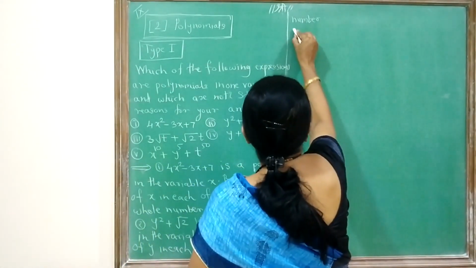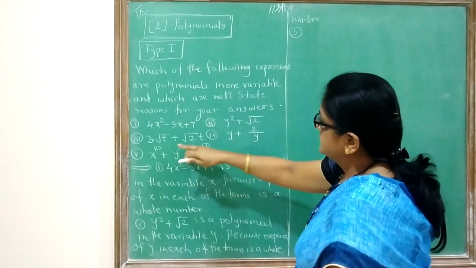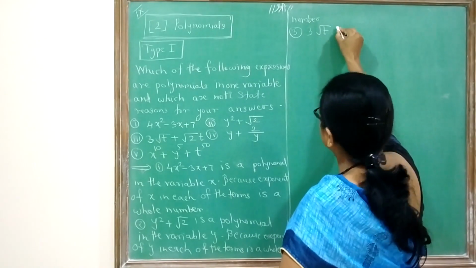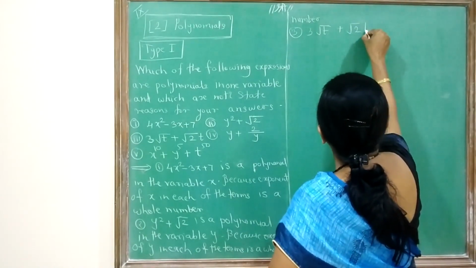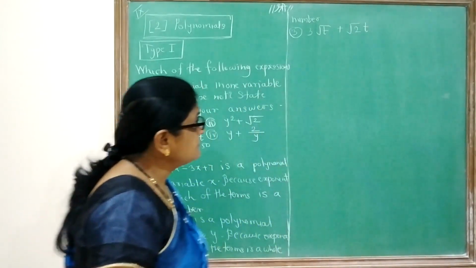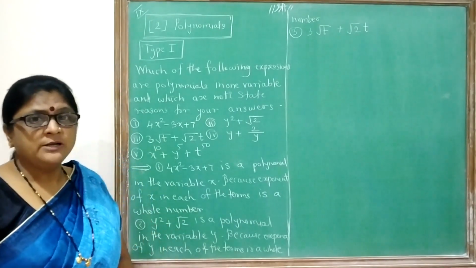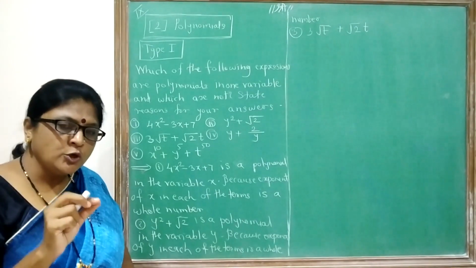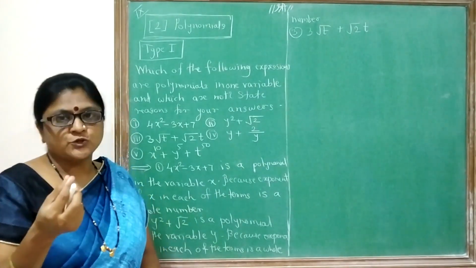Then your third example is 3 root 2 plus root 2t. Here root t will be converted into t raised to 1 half.